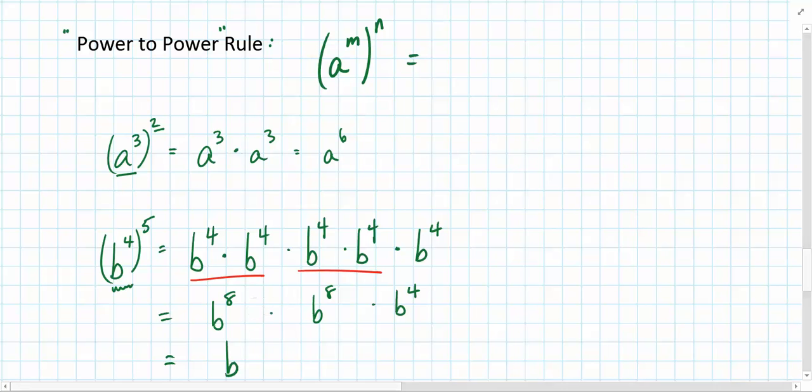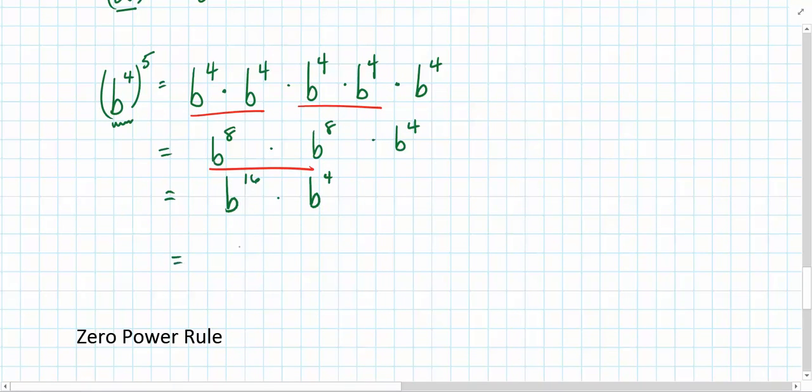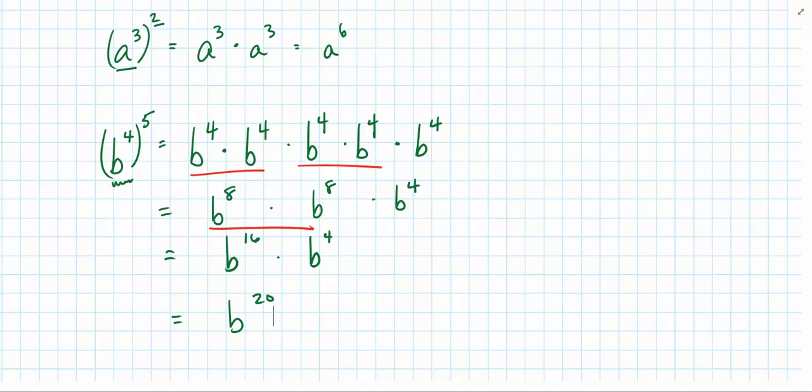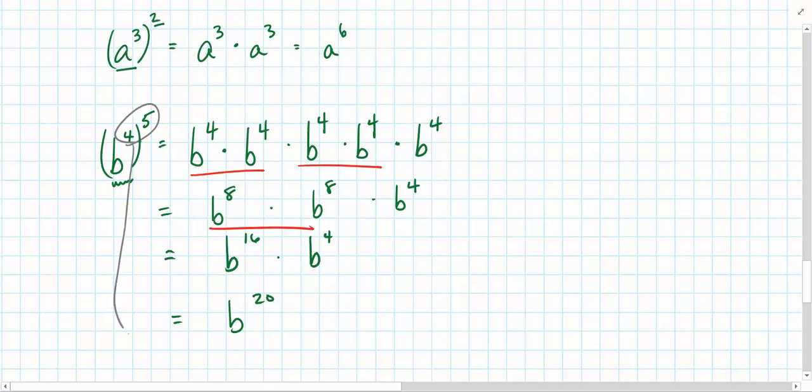Now B to the 8th times B to the 8th power is B to the 16th, and when we multiply that times B to the 4th power, we obtain our final result of B to the 20th power. So look closely here. What did we do to turn the numbers 4 and 5 into the number 20?